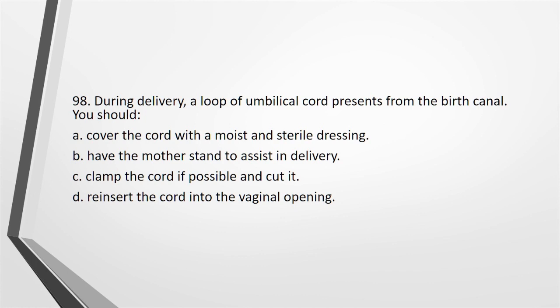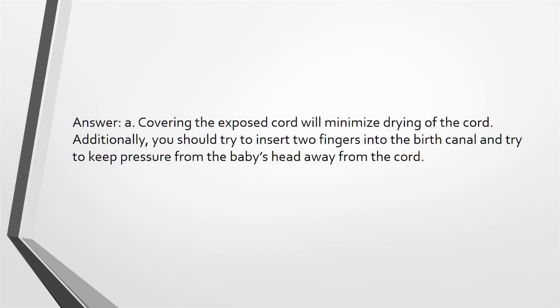B. Have the mother stand to assist in delivery. C. Clamp the cord if possible and cut it. D. Reinsert the cord into the vaginal opening. Answer. A. Covering the exposed cord will minimize drying of the cord. Additionally, you should try to insert 2 fingers into the birth canal and try to keep pressure from the baby's head away from the cord.